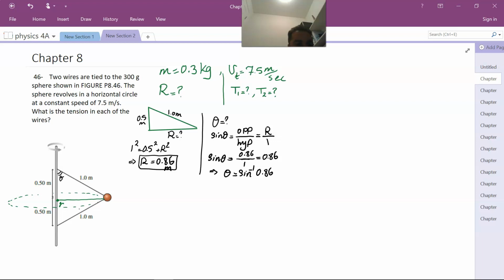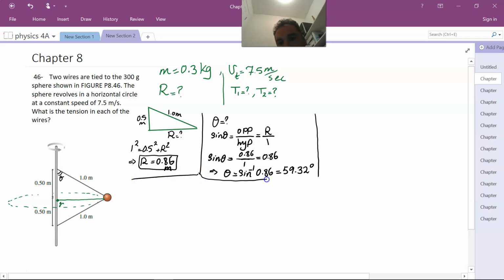So sine inverse of 0.86, the answer becomes 59.32 degrees. So that's my angle. So here are the important things that we always have to find: the radius, which is important, and also the angle.